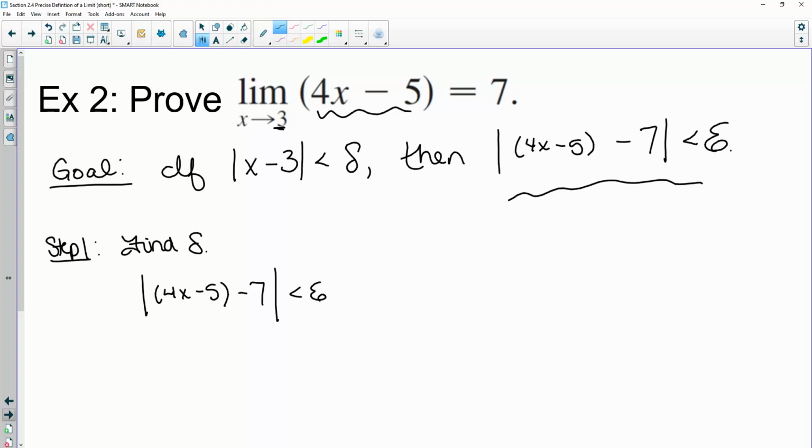Actually, I won't put the less than epsilon yet. That might make it a little more obvious later on. Okay, so let's start with that. Just the absolute value. If I wanted to simplify this, what could we do on the inside? Okay. So would we agree that's the same as the absolute value of 4x minus 4?